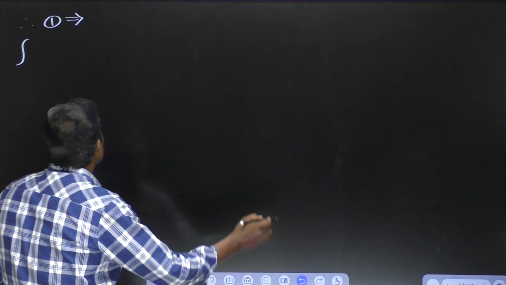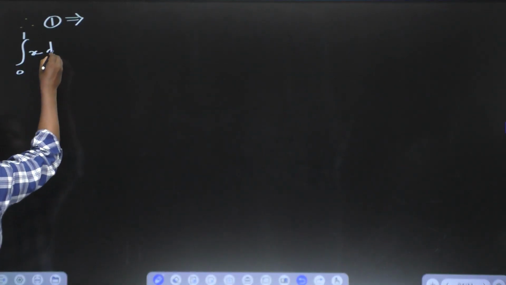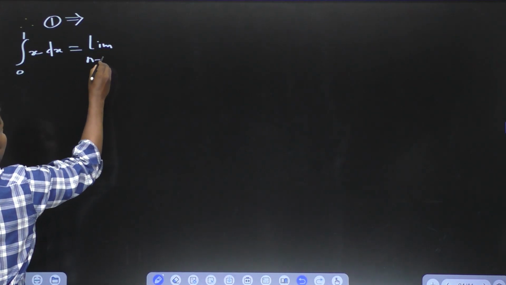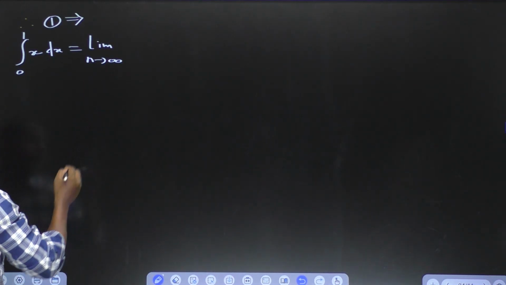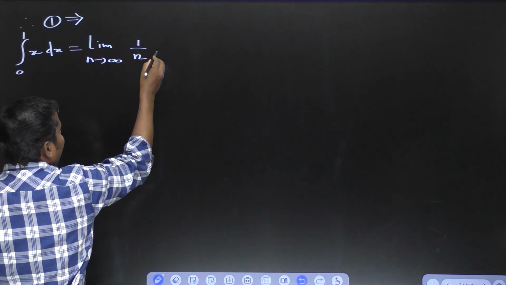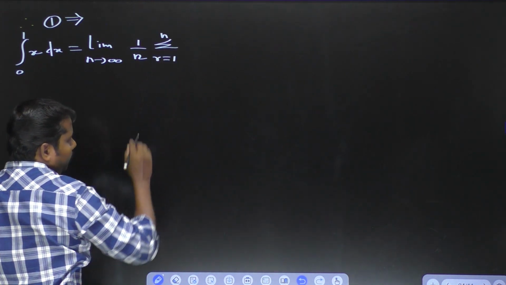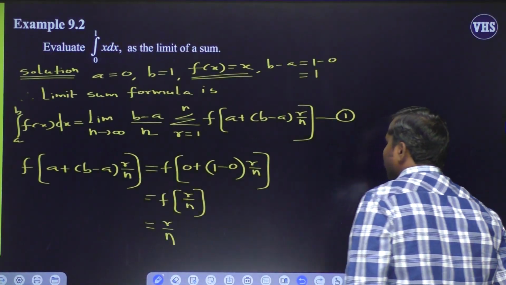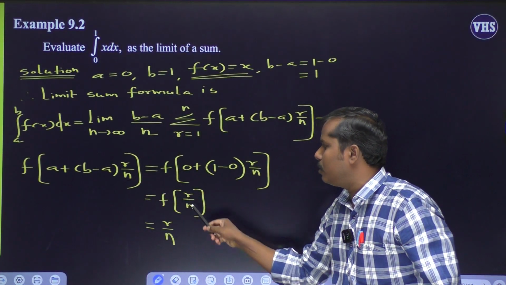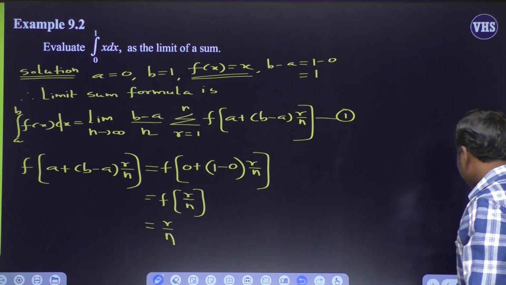So 0 to 1 x into dx, which is equal to limit n tending to infinity, b minus a. What is the value of b minus a? 1. 1 by n, summation r ranges from 1 to n, f of a plus b minus a into r by n. What is the answer for that? r by n. So substitute here r by n.